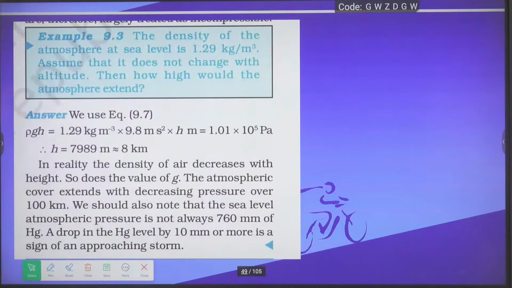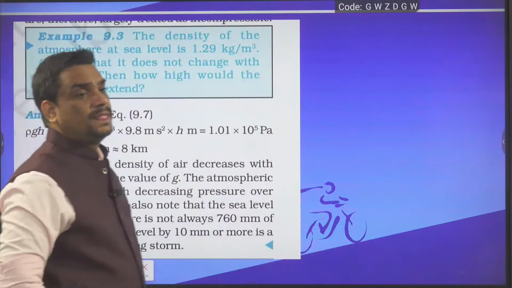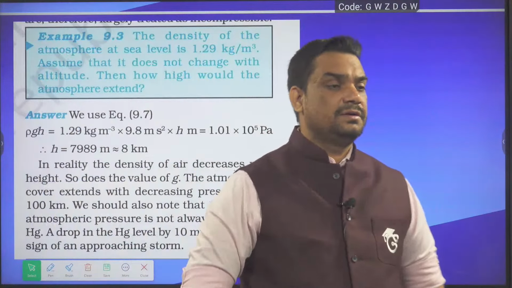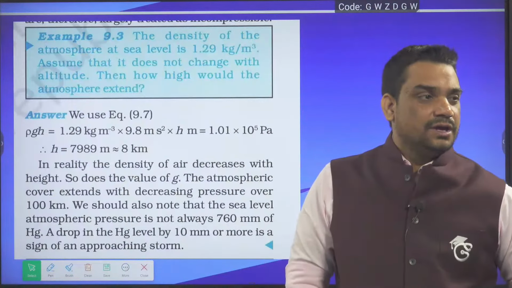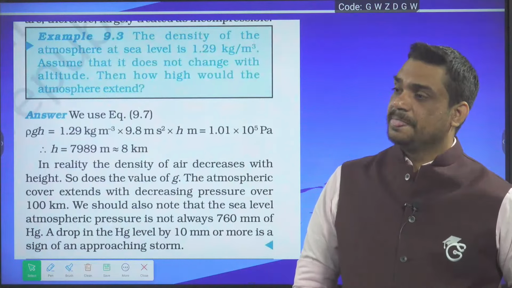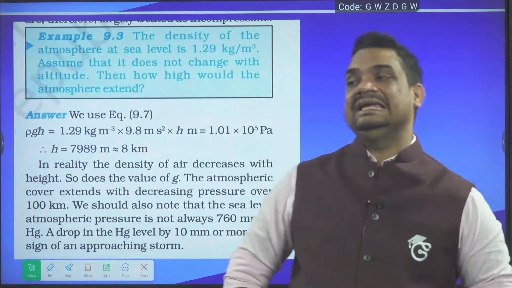This one is the density of atmosphere at sea level. And they're asking how far the atmosphere will extend. What is the maximum height of atmosphere? The atmosphere's maximum height is 8 kilometer.